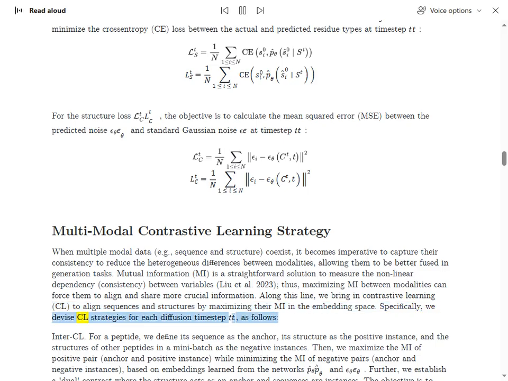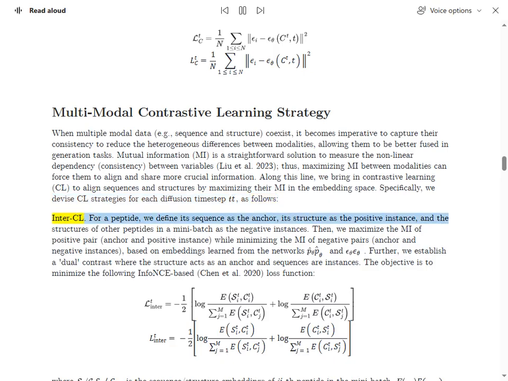Specifically, we devise CL strategies for each diffusion time step T as follows. Inter-CL. For a peptide, we define its sequence as the anchor, its structure as the positive instance, and the structures of other peptides in a mini-batch as the negative instances.